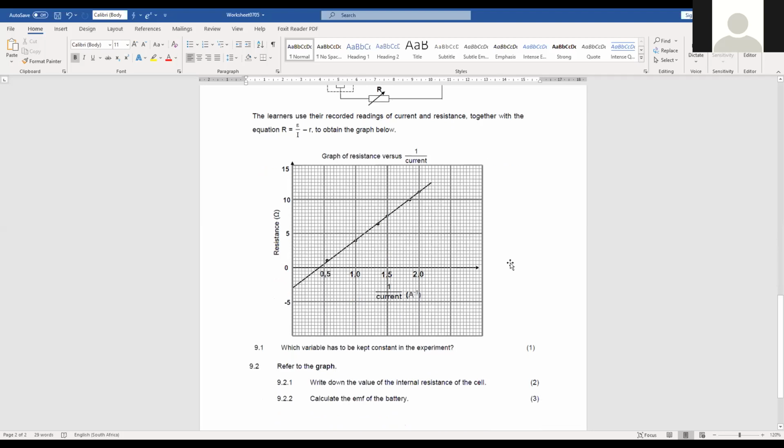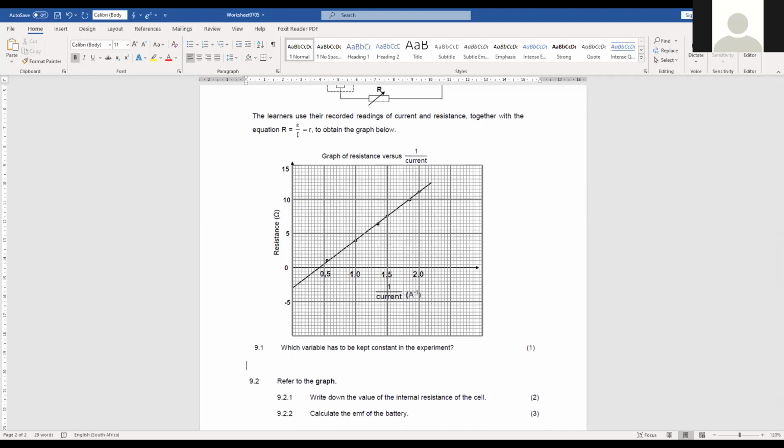And then they ask you which variable has to be kept constant in their experiment. So in this question, they're kind of just checking whether you remember what you learned in grade 11. And they're trying to see whether you still understand that in order for all of these calculations to work out, we have to understand that we're working with Ohm's law. And the only way that Ohm's law works is if temperature stays constant.